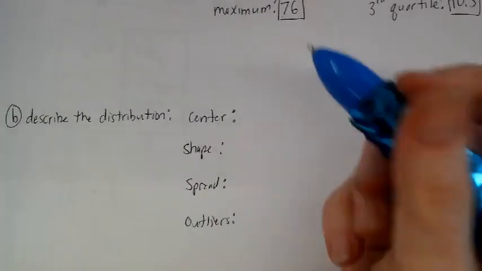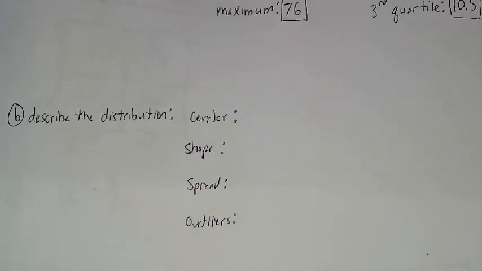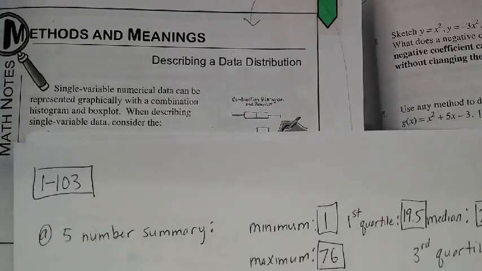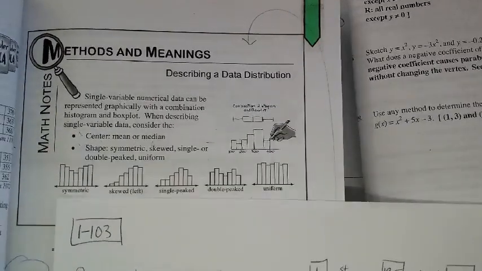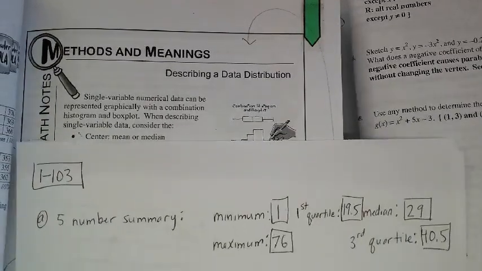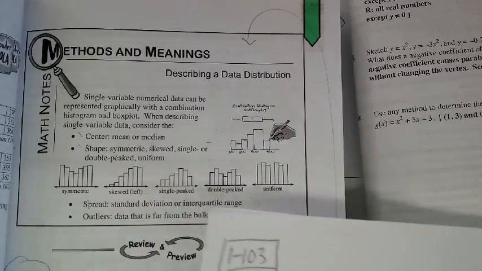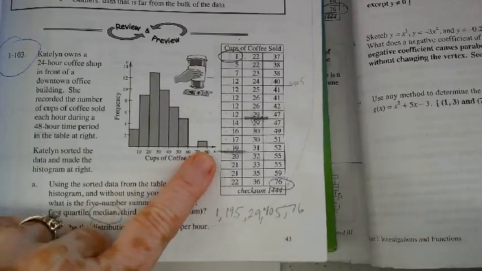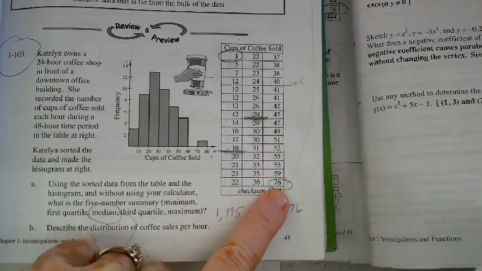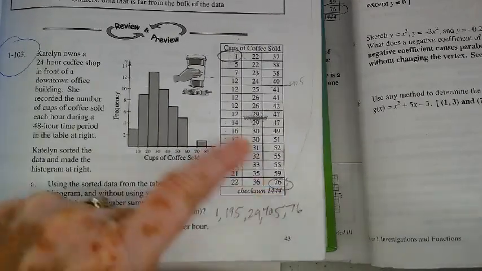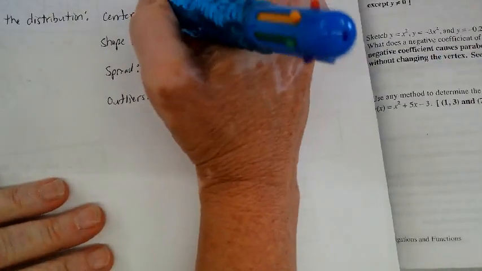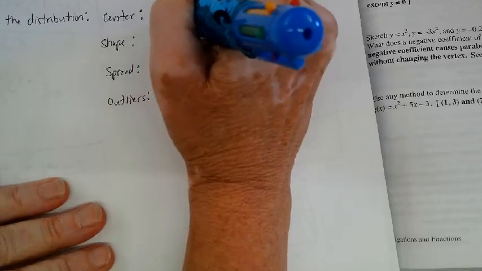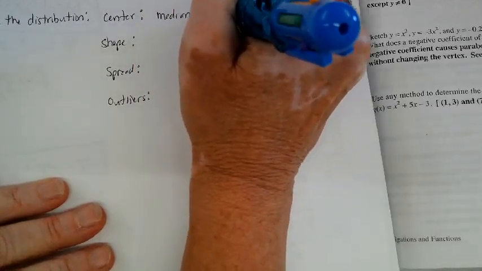Okay, so I want to talk about the center. The center, I can either use the mean or the median. I do actually have an outlier right here, so I don't want to use the mean, I want to use the median. I already know the median is 29, so I'm going to say that's the center.